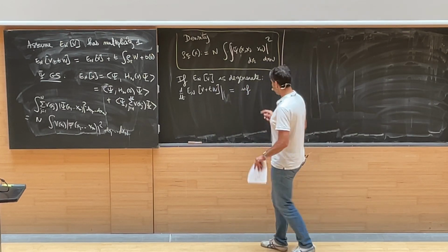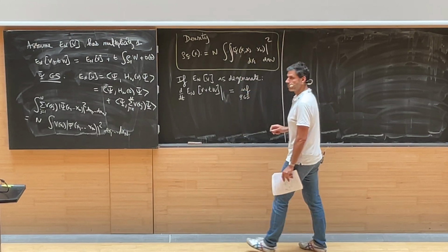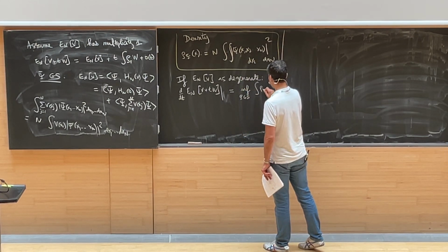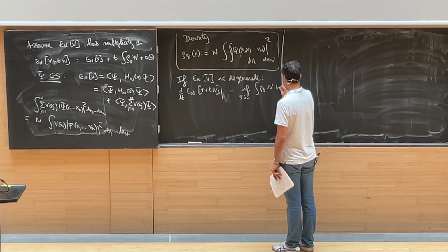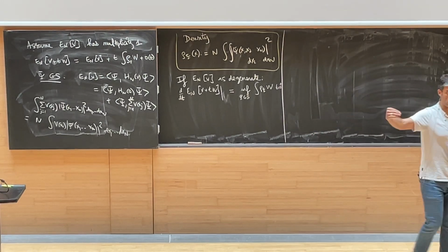Is it the inf? Yes. I think it's the inf over psi ground state of the integral of rho psi times W when t is 0 plus. Okay, so I will come from the right side.